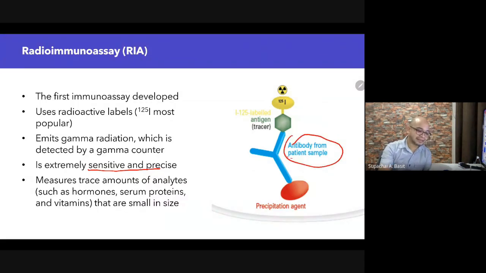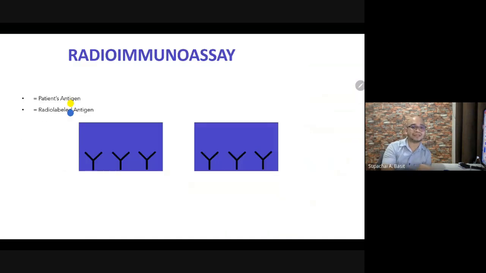This is the patient's antibody. This is now the antigen. In this context, it could be a vitamin or a hormone, and then this is now the radioisotope. So the radioisotope will be attached here to the antigen, and this one would be measured in a gamma counter.